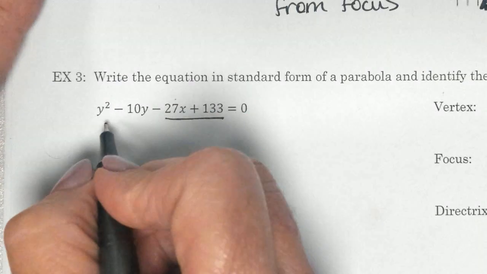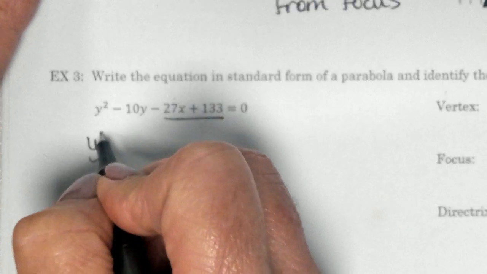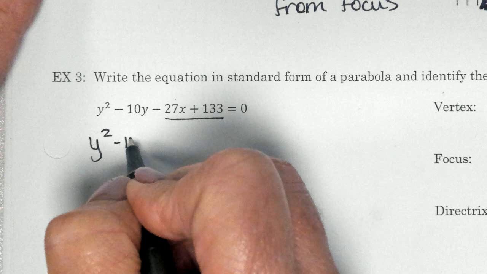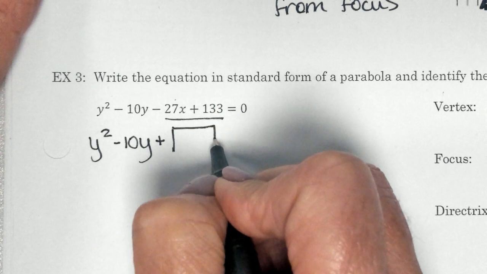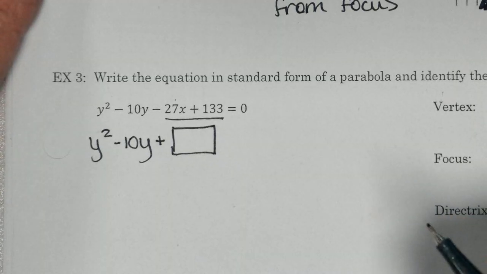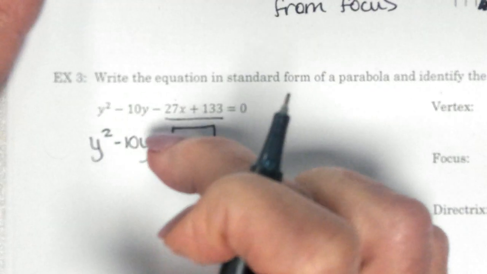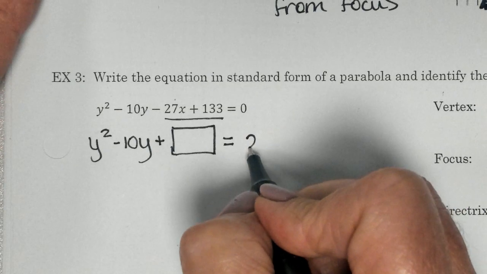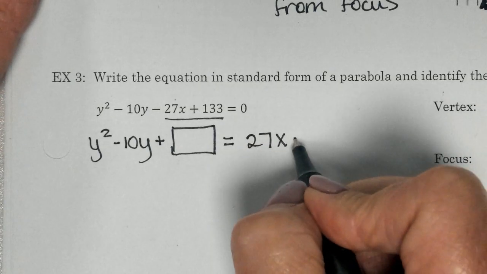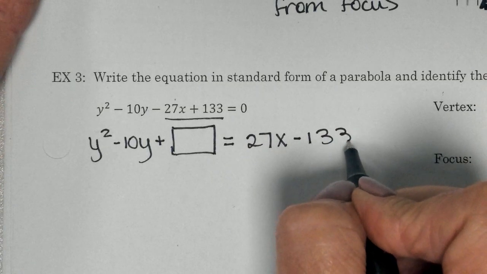We're only completing the square for the y's. So you have y squared minus 10y plus, and we're going to leave our box for completing the square to get our c value, equals 27x minus 133.